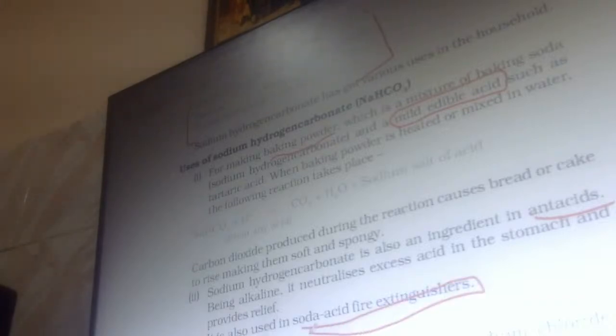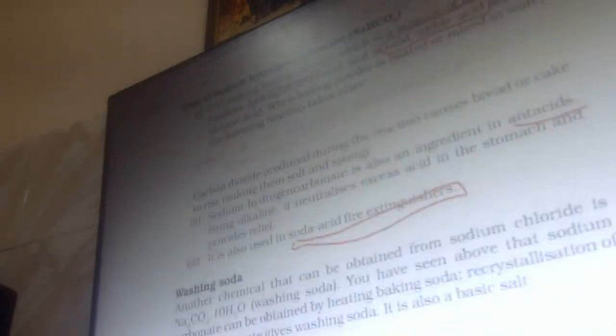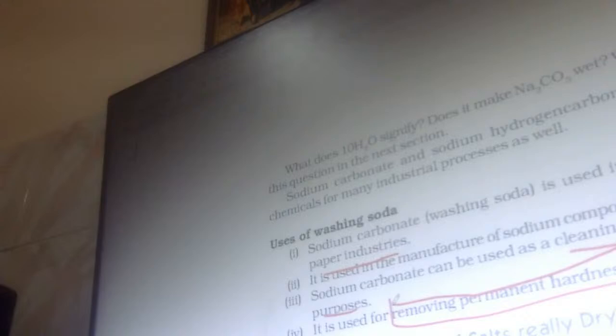Washing soda, Na2CO3 decahydrate, is used in glass, soap, paper industry, sodium compounds such as borax. It is a cleaning agent for domestic purposes and removes permanent hardness of water. This is a characteristic of washing soda.